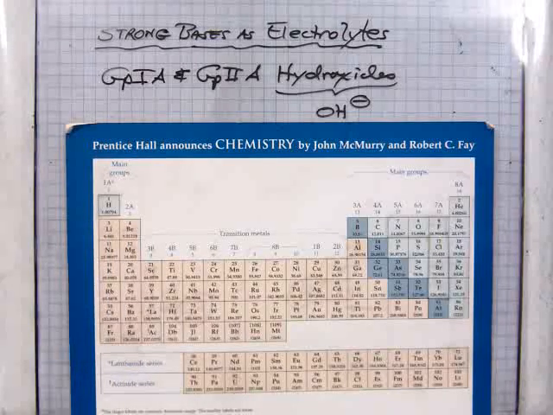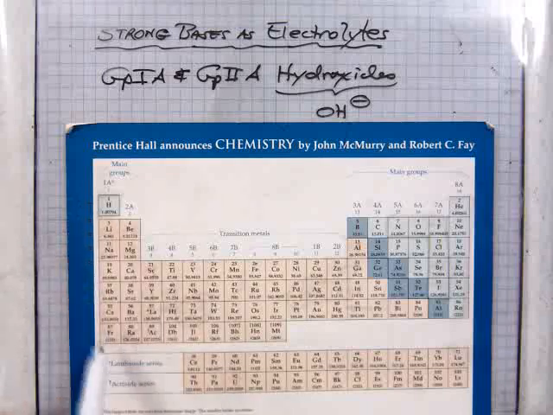So in these 2 columns, their valence electrons are going to be lost. And then comes the anion that attaches to the metal. These are the alkali metals and alkaline earth metals. And so hydroxide comes in and connects to the metal in appropriate ratios.